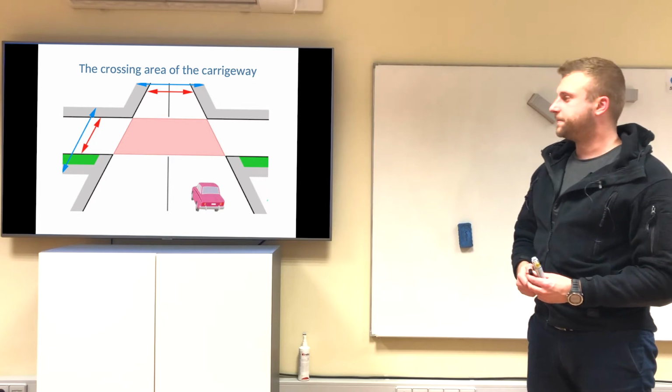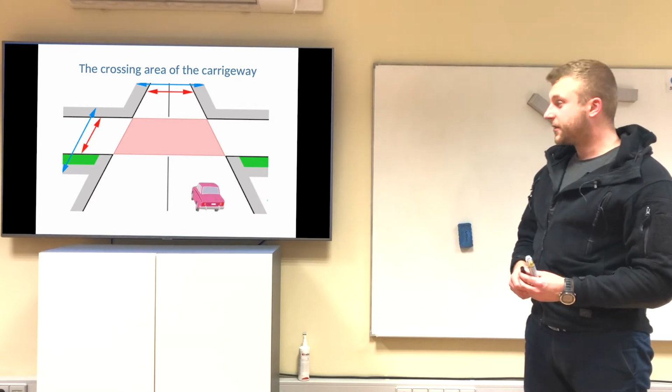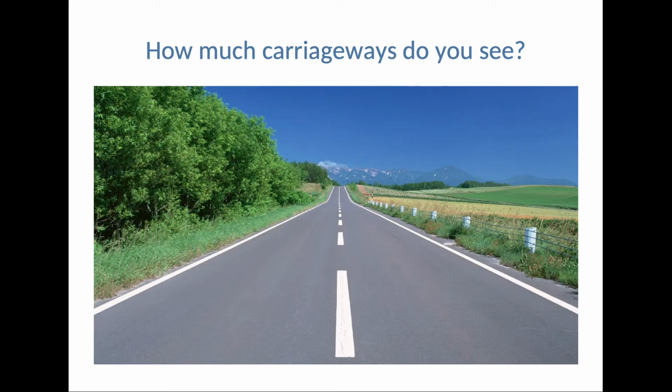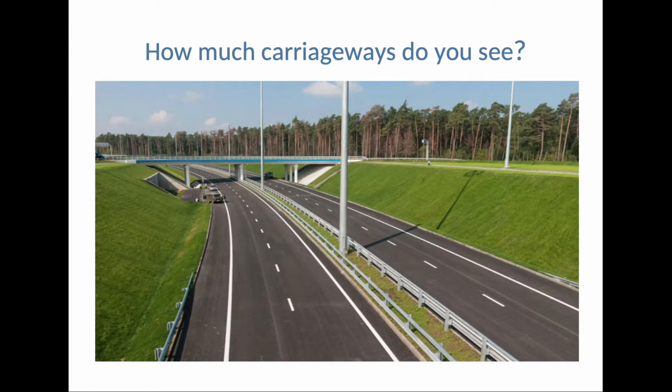Let's talk about carriageways. How many carriageways do you see here? Only 1. But we have 2 lanes for driving, oncoming and opposite, but the carriageway is only 1. Okay, here, 2 carriageways.